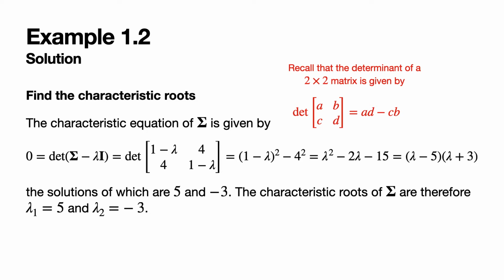And so applying that formula to this 2 by 2 matrix, we see that the determinant is equal to (1 minus lambda) squared minus 4 squared.